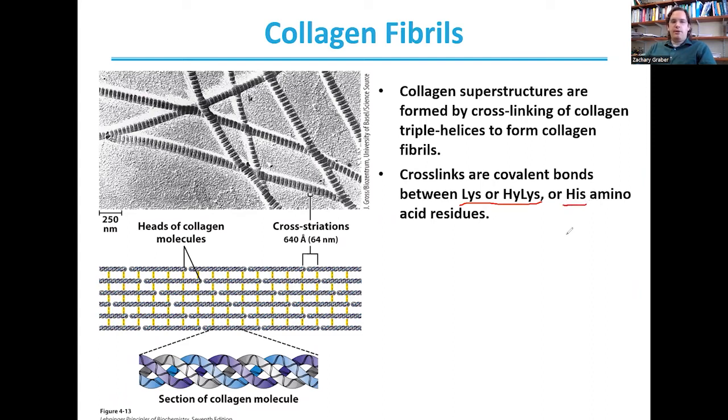So it's a rather unique covalent bond that we form between our collagen units, again, to kind of build this larger fiber here. And again, these fibers can get combined together to make larger and stronger structures, and you get these quite large collagen fibrils that you can actually see under a microscope. This would be an electron microscope image here.